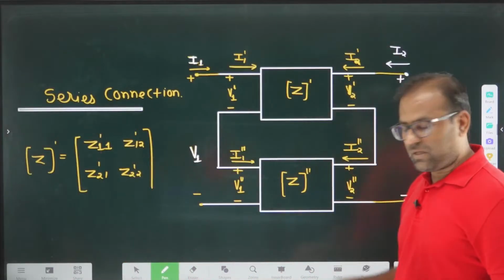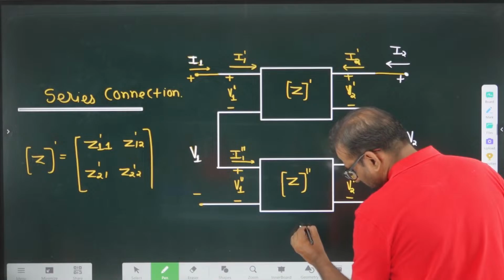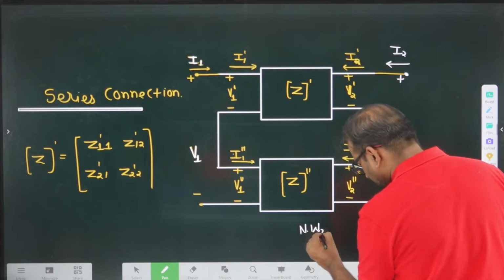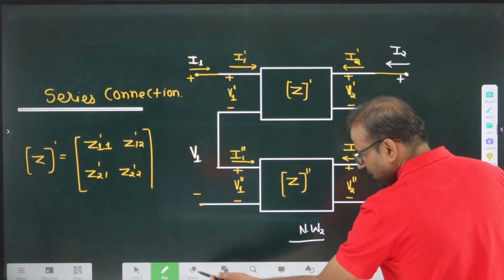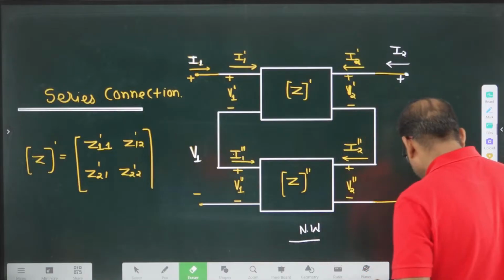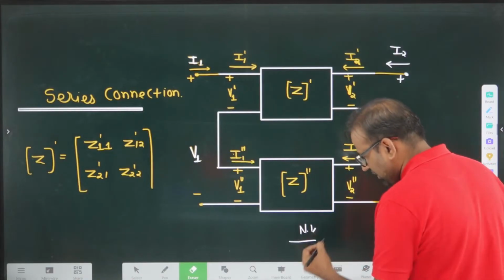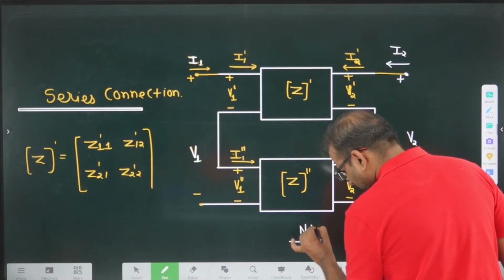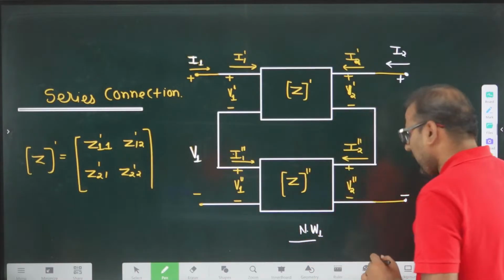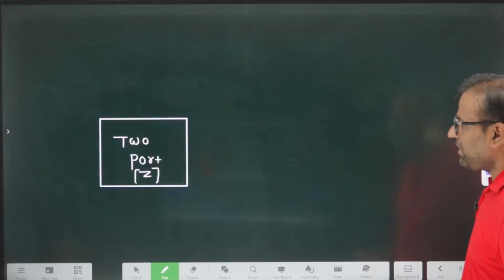This is network number 1, और हम इसका इक्विवेलेंट लिखना चाहते हैं for this, and we want to convert this network number 1 into this condition.